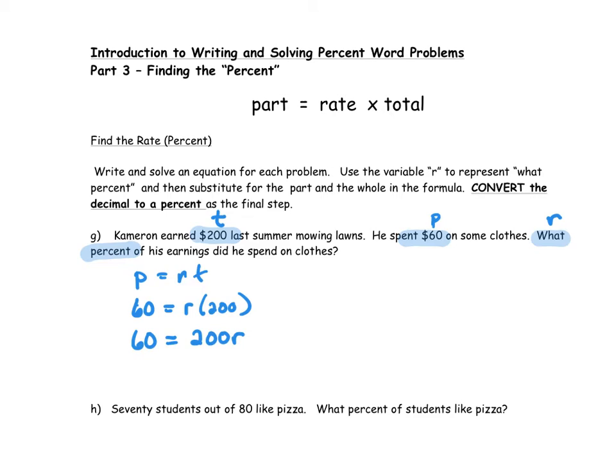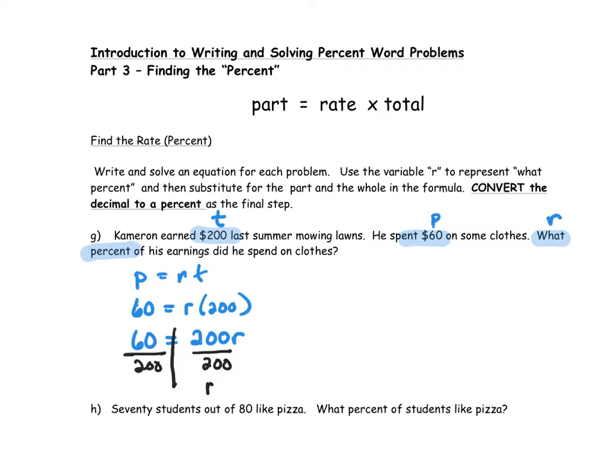We don't necessarily have to have the parentheses around it. So now we want to solve. We are going to divide by 200 because we want the r isolated by itself. So pause the video and take 60 divided by 200.